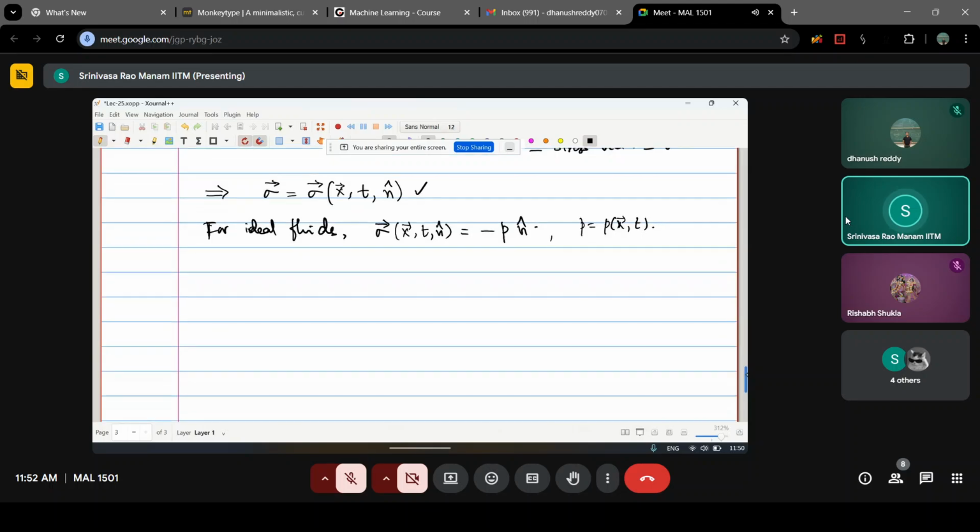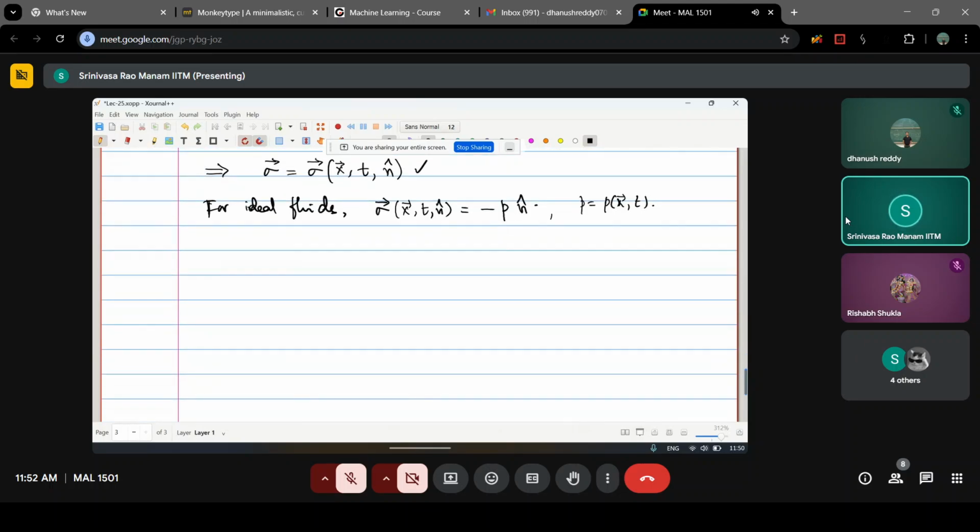So what is the starting point to get this stress? The stress vector, if you want to really see it, is it a vector or a matrix? It's a vector, right?